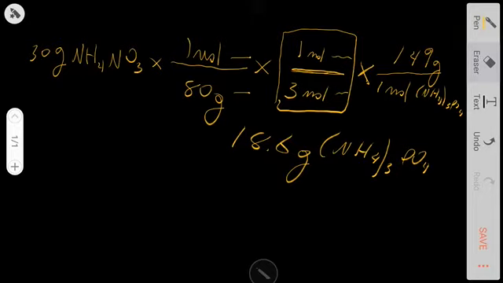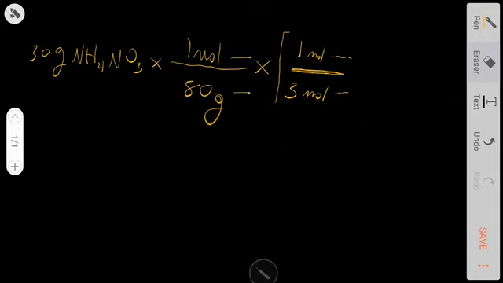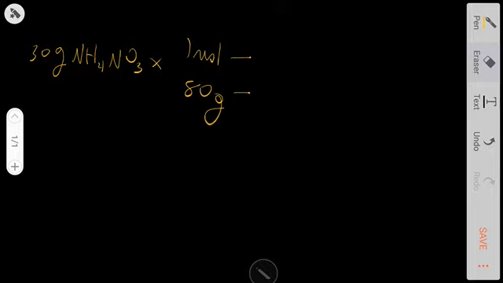Now I have to look at my other product, which is sodium nitrate. So how much of that can I make? Let's do it again. And again, I'm trying to find out how much can I possibly make looking at 30 grams of ammonium nitrate. So NH4NO3.